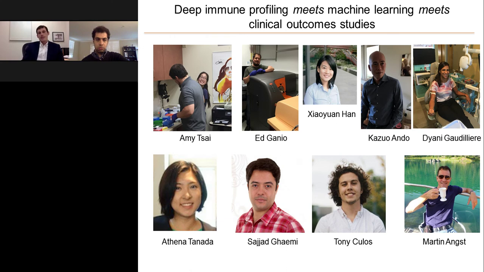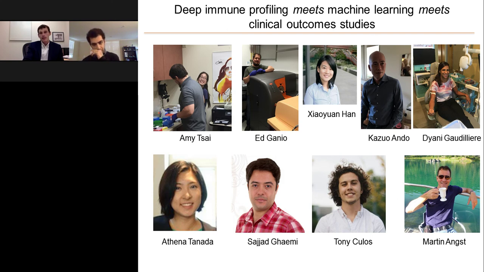So these are very exciting prospects, and obviously all this work can't be done without the hard work and intelligence of many students and postdocs in our labs. The top pictures are people that were implicated in generating and analyzing the mass cytometry data set.